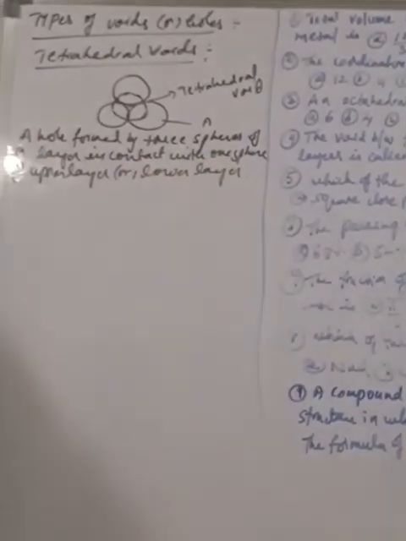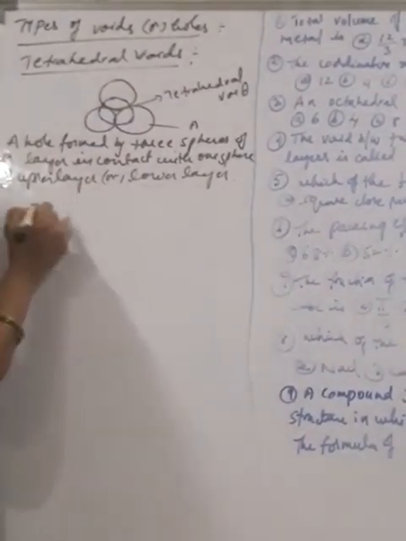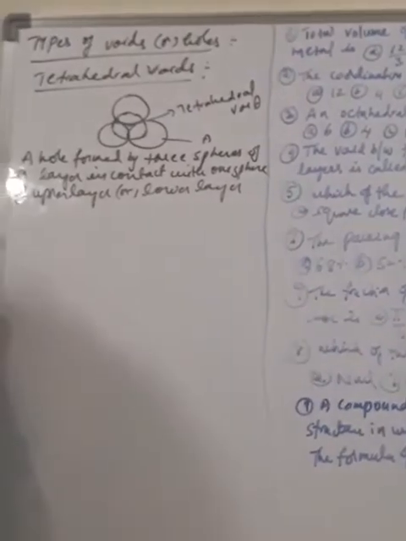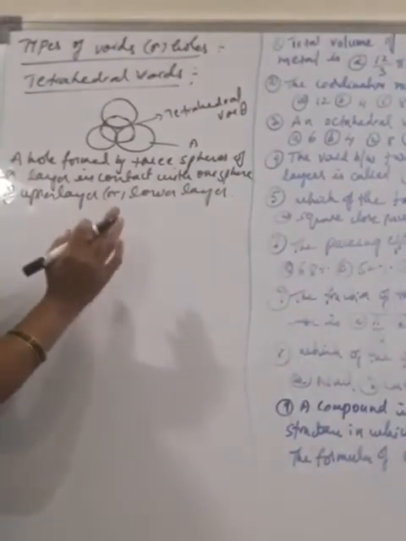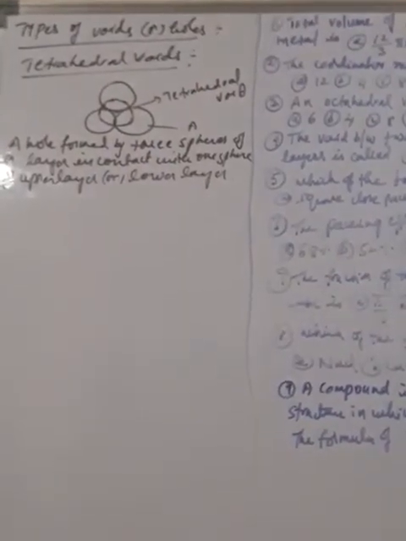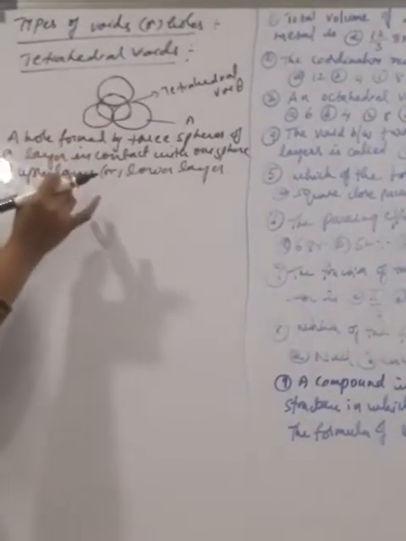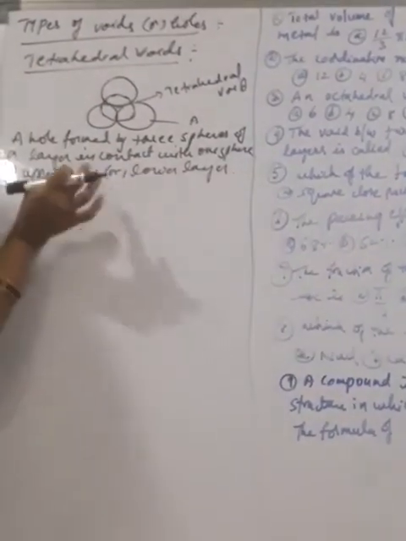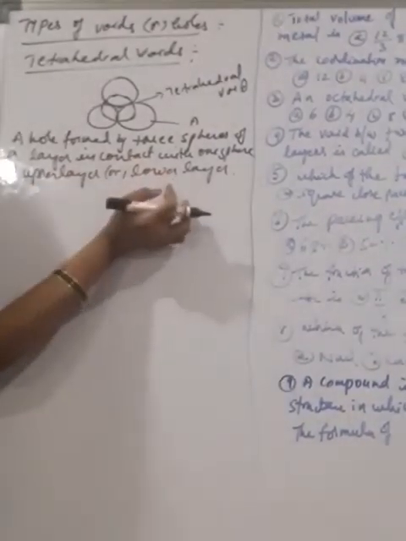For example, a unit cell having n number of atoms has the possibility of forming 2n number of tetrahedral voids. Why? Because a tetrahedral void is formed in 2 ways, with an upper layer atom and also with a lower layer atom.